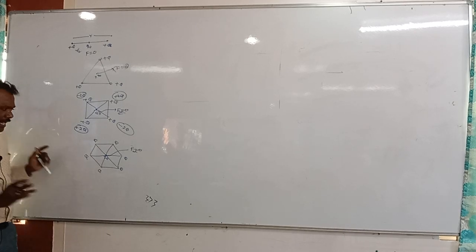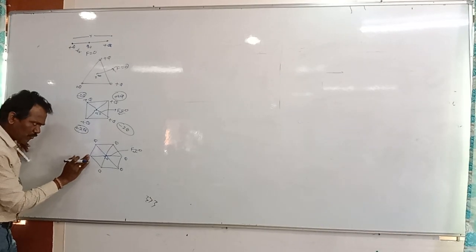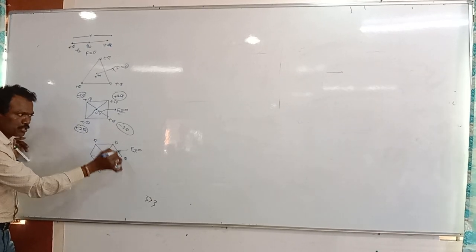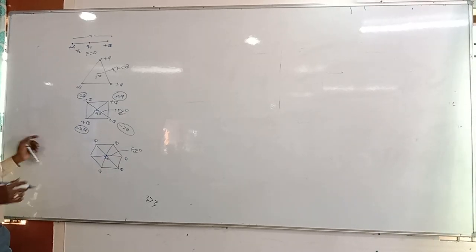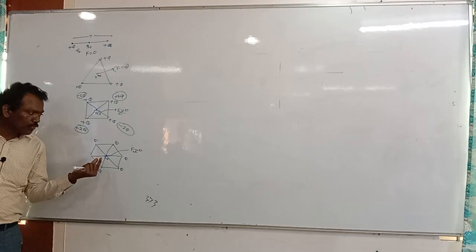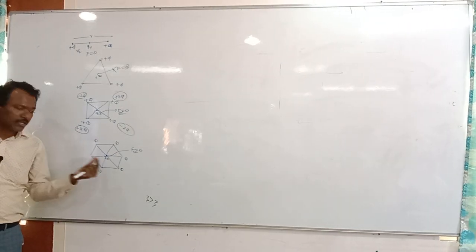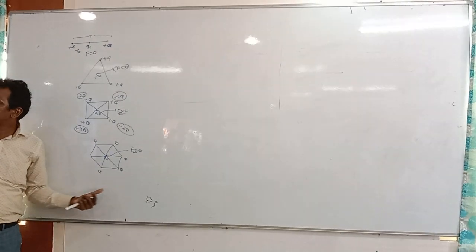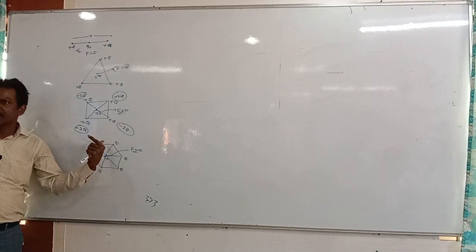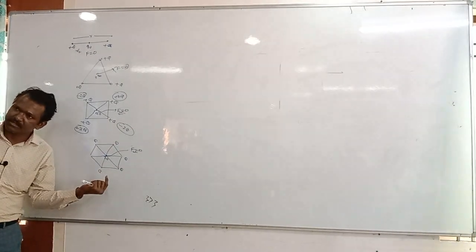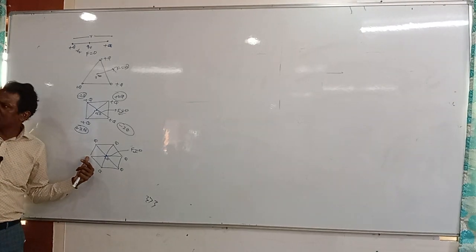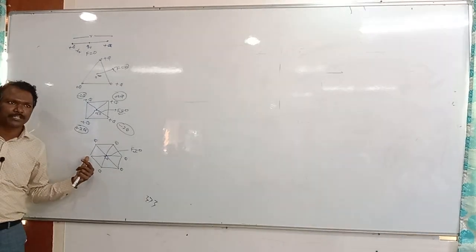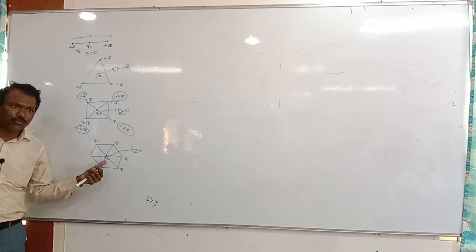And what is the force acting on q naught due to only five like charges? If you keep the sixth identical charge, the force is 0.